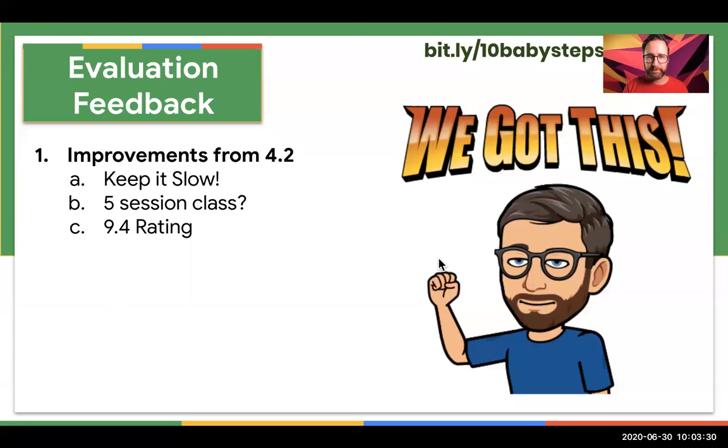Those of you who have been leaving feedback, thank you so much. I look at your evaluation feedback every time we conclude and I make adjustments. The feedback I'm hearing from you is to keep it slow. Someone offered the suggestion of maybe making this a 5-session class. When I originally created it, it was a 5-session course. But the CCEE organization, which sponsored this training, decided to go for a 3-session course.